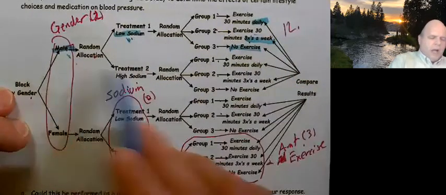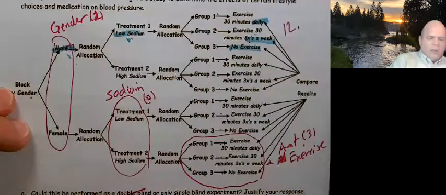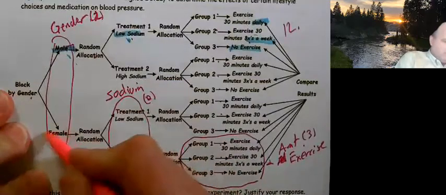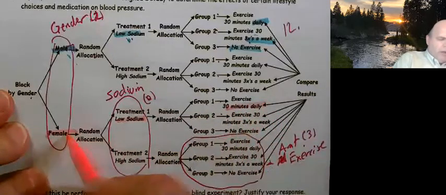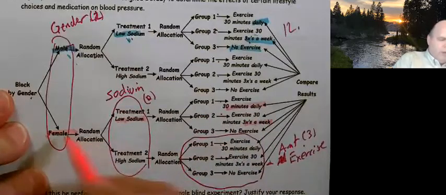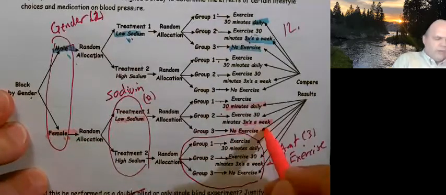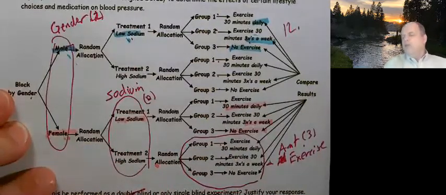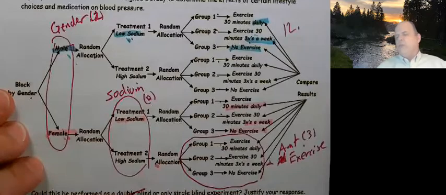And then you're going to do male, high sodium, same thing. Then you come to the females. You have female, low sodium, 30 minutes daily. Female, low sodium, 3 times a week. Female, low sodium, no exercise. And then you'll break it down the same way for the high sodium side. So you need to list all of those.